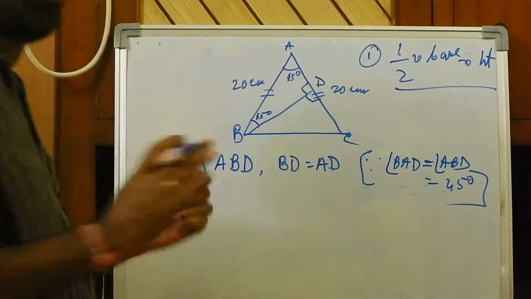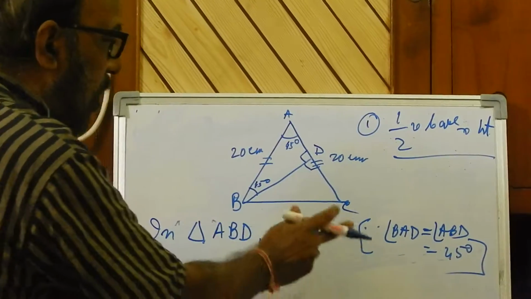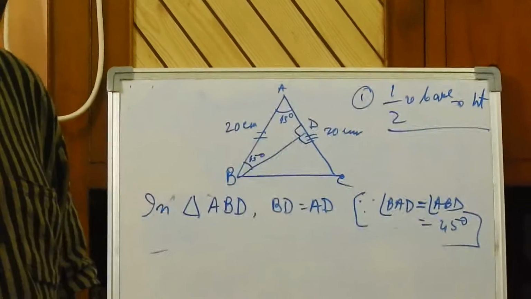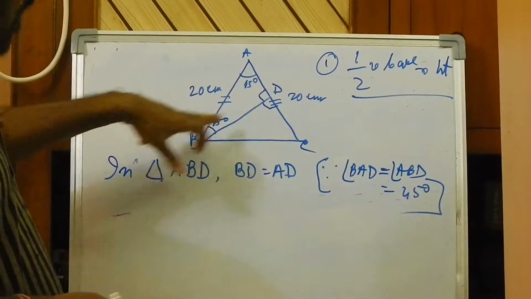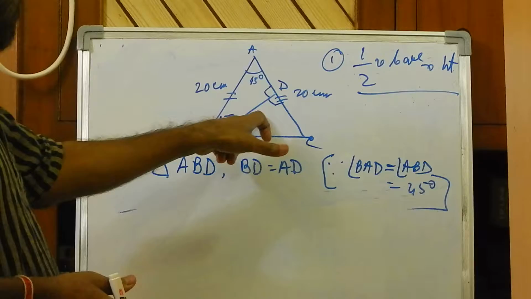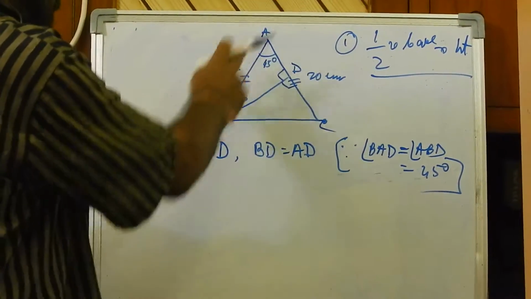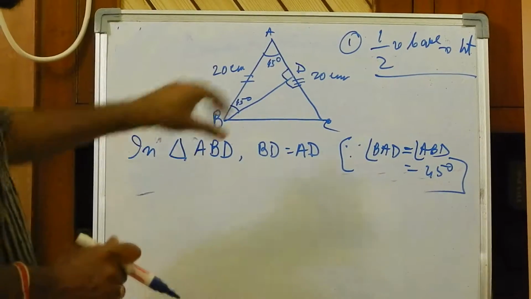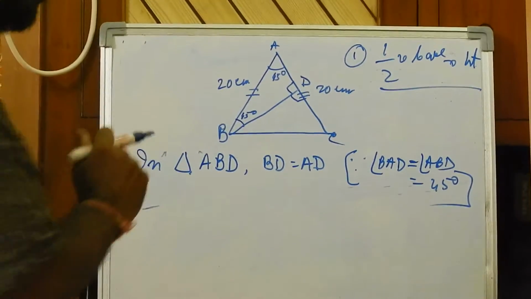Where the perpendicular falls, it is the base. I have told several times. So AC is 20, we know it already. And what is unknown to us is BD. So BD is included in this triangle ABD. So whatever we have done is to deduct the value of BD only.